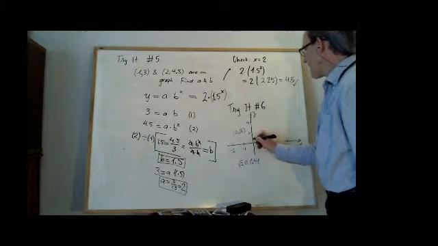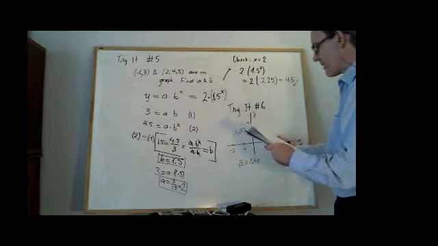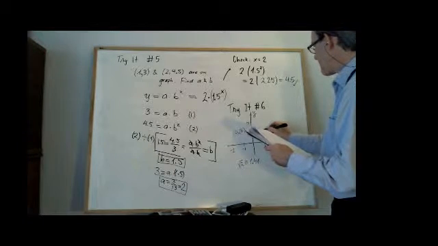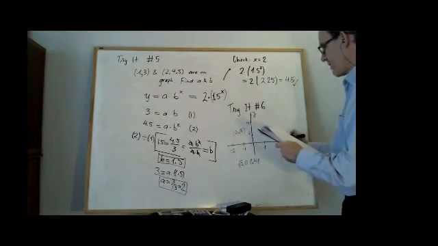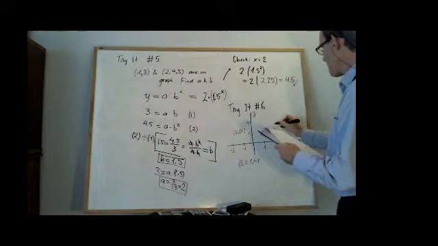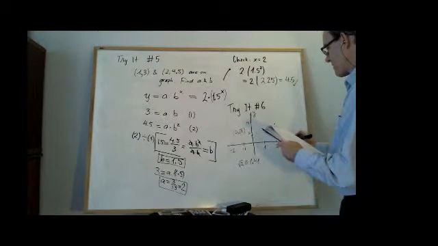So it's going through about halfway between 1 and 2 like that. And then from the graph at x equals 1, the value of y is just a little bit above 2, it looks like to me. And then at the value 2, it's right about the value 3. And then at 3, it's above 4.